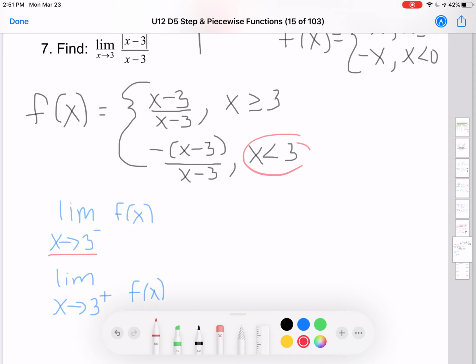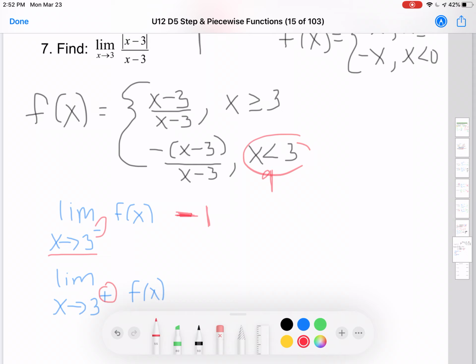If we plug in 2, 2 minus 3 is negative 1, also 2 minus 3 is negative 1. Negative divided by negative is a positive, but then there's a negative there. So this will actually wind up being negative 1. I just realized I switched up the negative and the positive, but that doesn't matter. You can set it up however you want. I don't know why I did that.